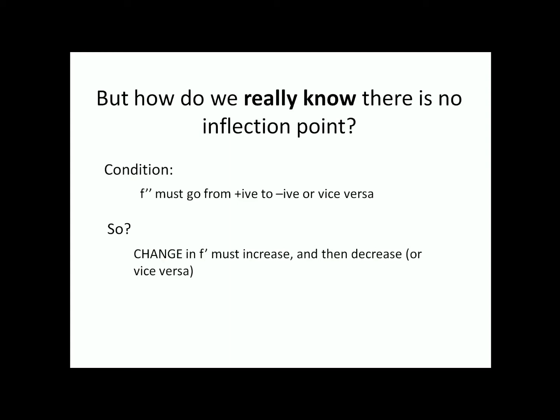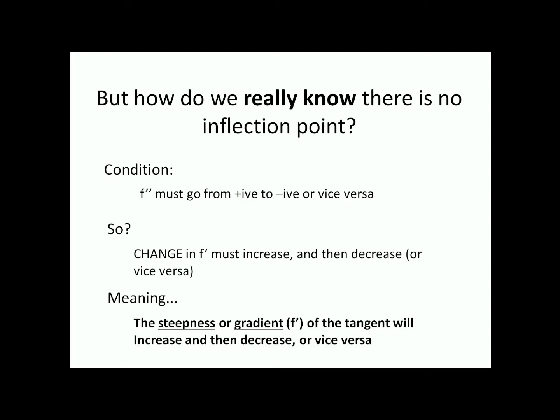That's what this means in an abstract form. But we'll explain it with a graph, because that'll make a lot more sense. In a more intuitive sense, it means the steepness or the gradient of the tangent to the function has to increase and then decrease, or decrease and then increase.